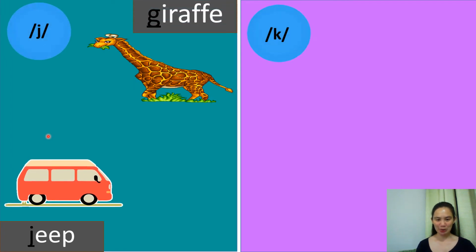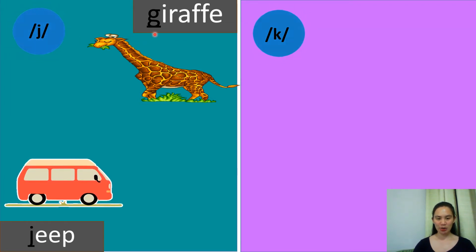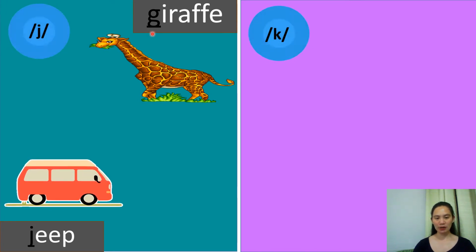Same sound can also be heard in the word like giraffe. Letter G here sounds like J. But take note, not all words with letter G sound like J, because G here has the other sound, and that is the sound of G, like in the word goat.